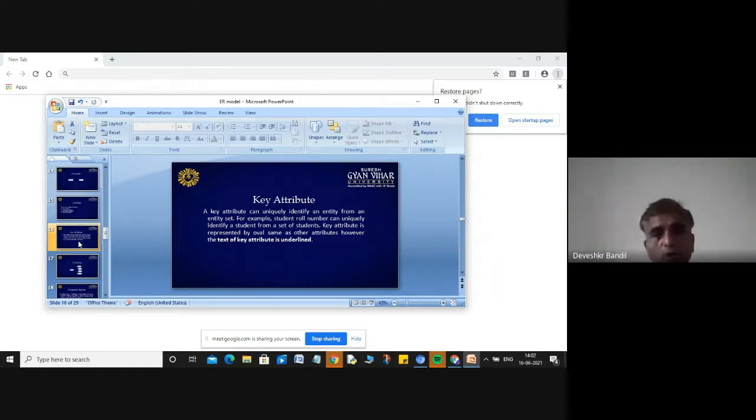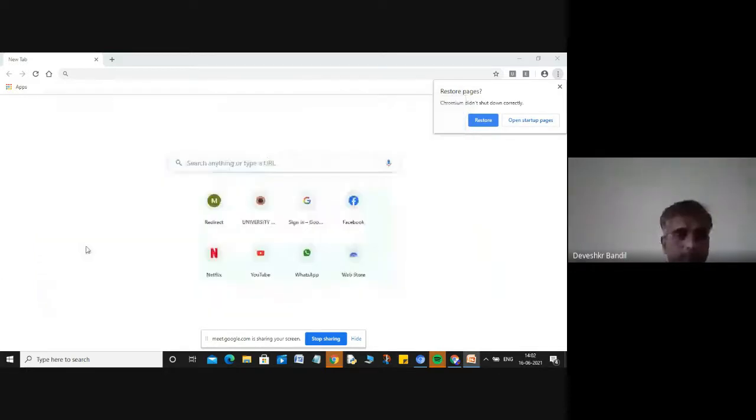As I told, student roll number can uniquely identify a particular student. A key attribute is represented by an oval like other attributes, however the text of a key attribute is underlined.